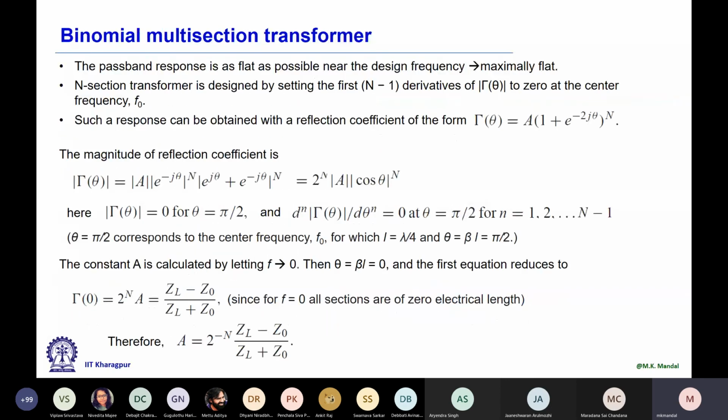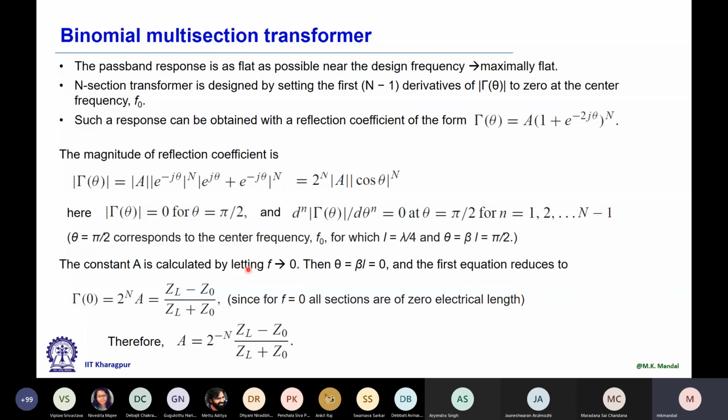Well, to do that, we need to first calculate the value of A. Now to calculate the value of A, let us use the limit f tends to 0. What happens in that case? F tends to 0, so near DC, electrical length is vanishingly small, right?